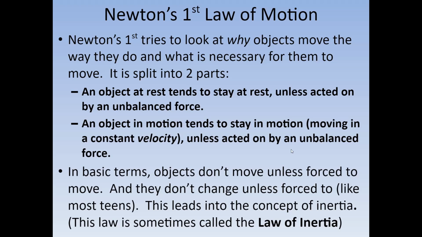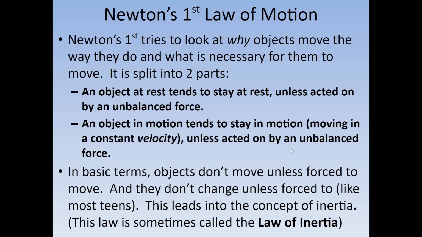Now, this one's actually a really interesting thing because the second part of this law is extremely hard for us as humans to conceptualize and wrap our heads around, mainly because there is an invisible force constantly acting on objects that makes it hard to recognize that this is true, and that's friction. Friction's always acting on objects, slowing things down.